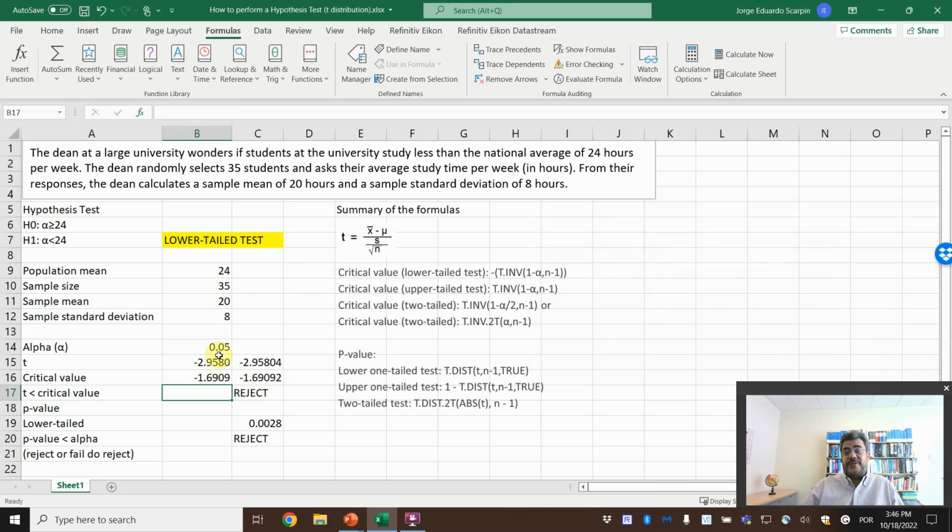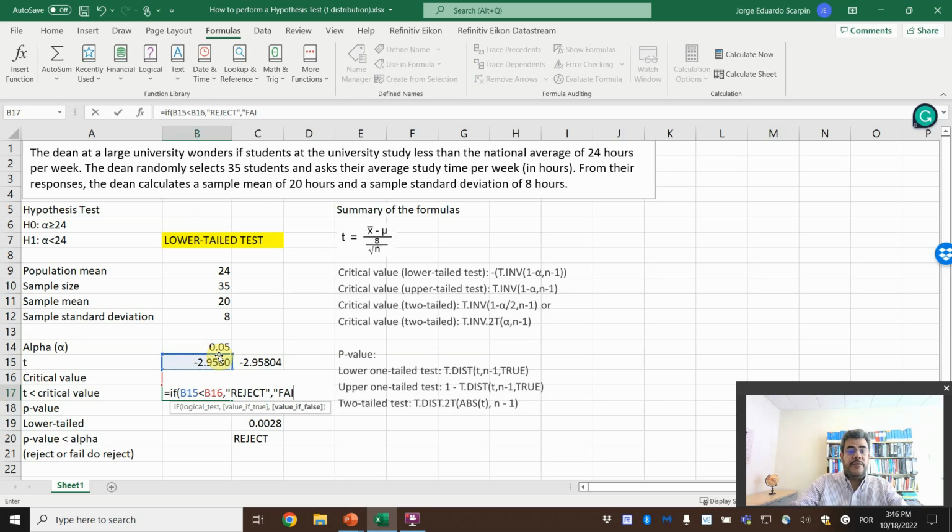The critical value is higher than t, so we reject. But never type it; we are comparing two numbers, so a classical IF formula: if t is lower than the critical value, then we reject. Otherwise, we fail to reject.